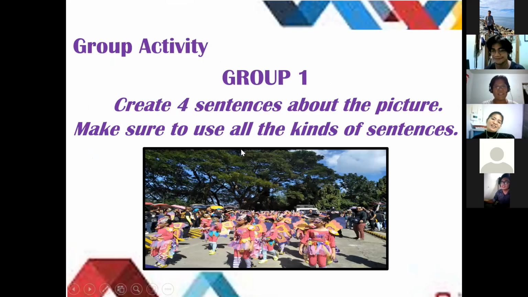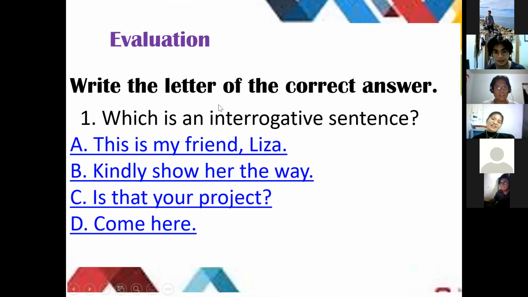Okay, very good. So what we are going to do next is a sort of evaluation. For this one, write the letter of the correct answer. Can you please tell us which is an interrogative sentence? A, this is my friend Lisa. B, kindly show her the way. C, is that your project?